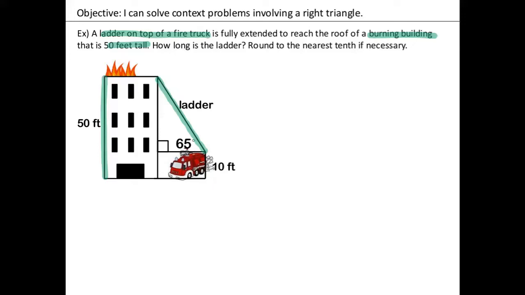But if you notice, we have the triangle right here. So I'm going to redraw the triangle. Here's my right angle. I have 65 degrees right here. My ladder, that's what I'm looking for. How long is the ladder? Round to the nearest tenth. So my X is really going to be right here.